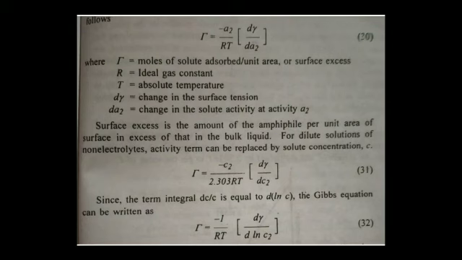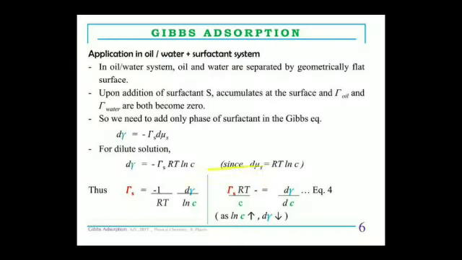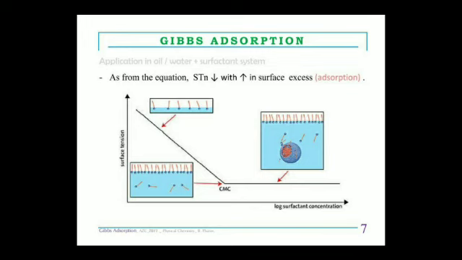The effect of concentration of surfactants on surface tension of water can be studied using the following diagram. From the above equation, surface tension decreases with increasing surface excess. At lower concentrations, the surface is partially covered with surfactant and surface tension decreases slightly.